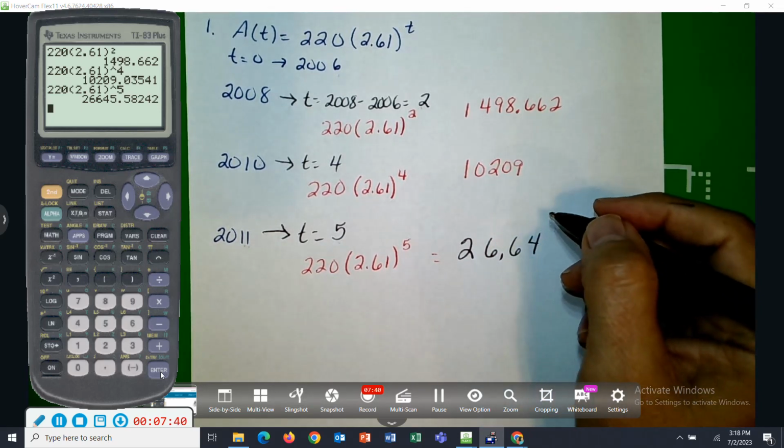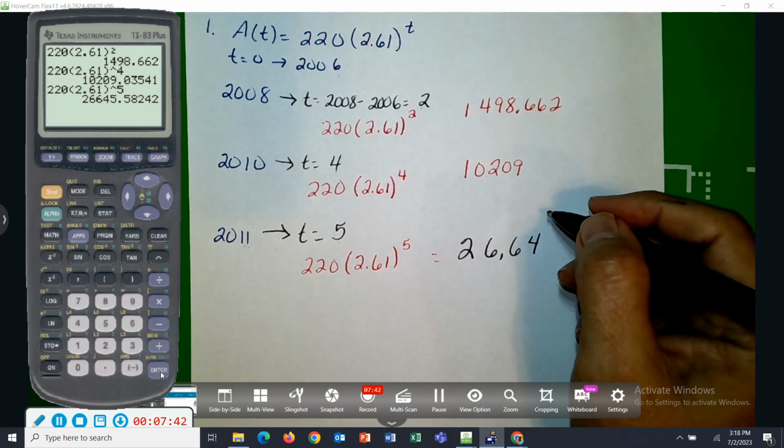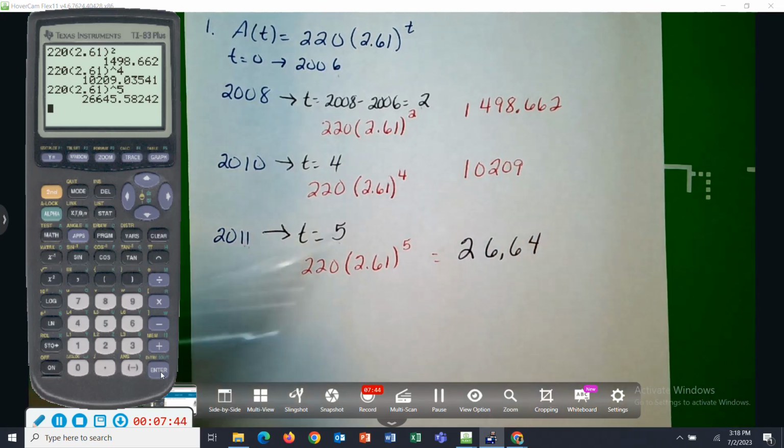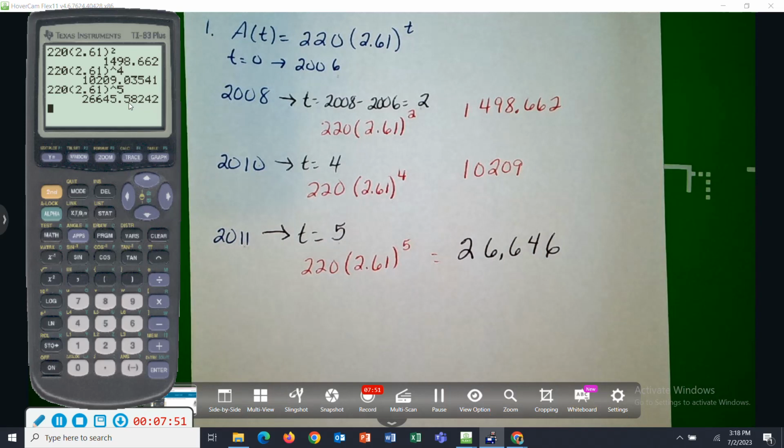Should I leave it as a 45 or make it a 46? The digit after the decimal point is a 5, so you round up. 26,646.